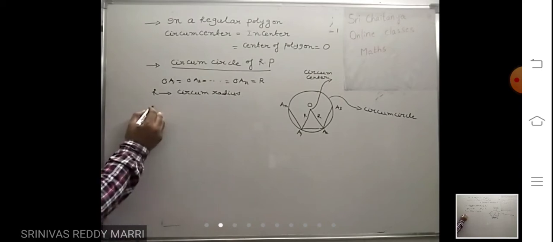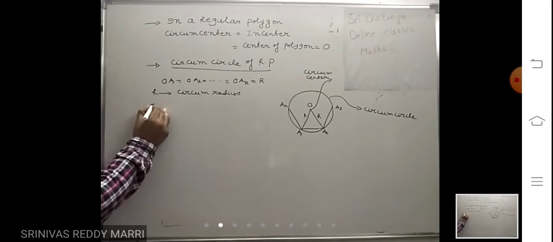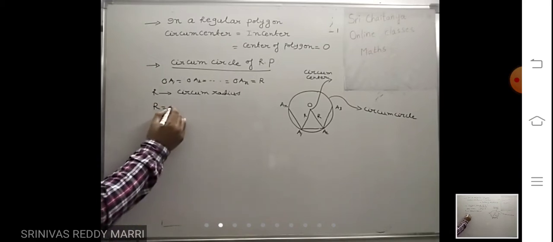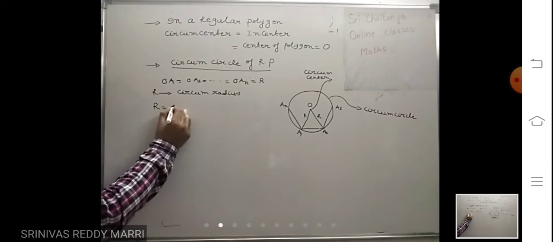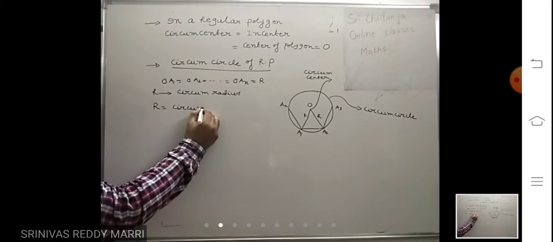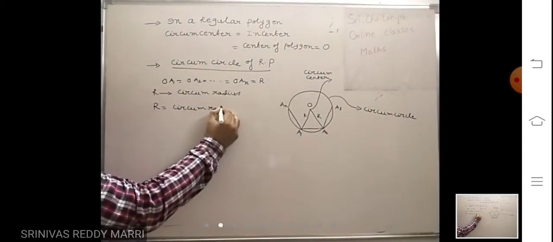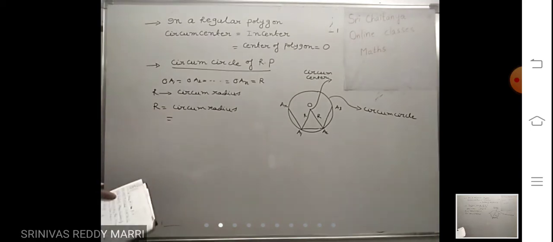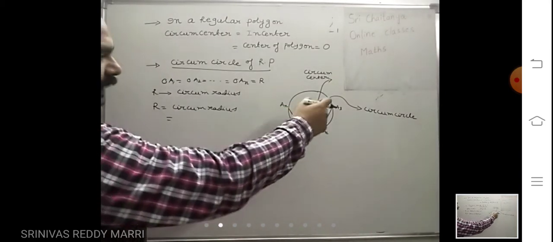Capital R equal to circumradius. We will calculate the formula.